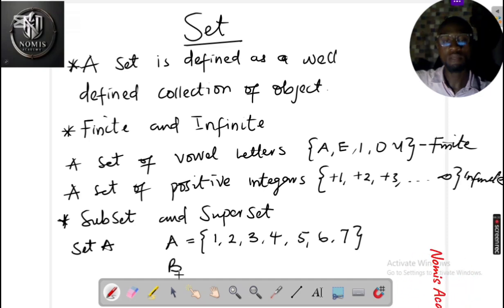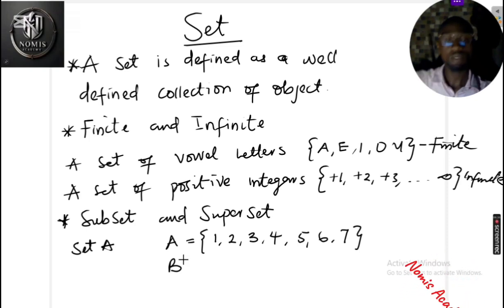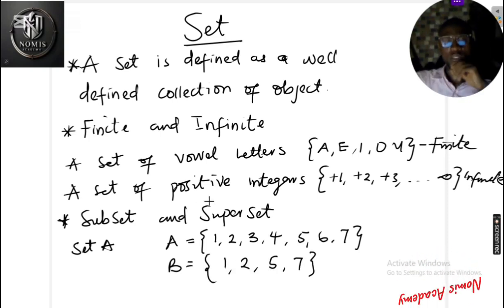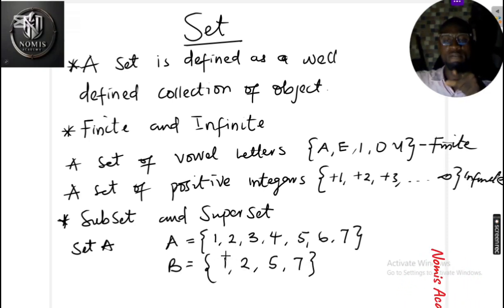And I have set B to be 1, 2, 5, and 7. So I can tell, since all the elements in set B can be found among the elements of set A, then I will tell that B is a subset of A. A is a superset of B. Why?